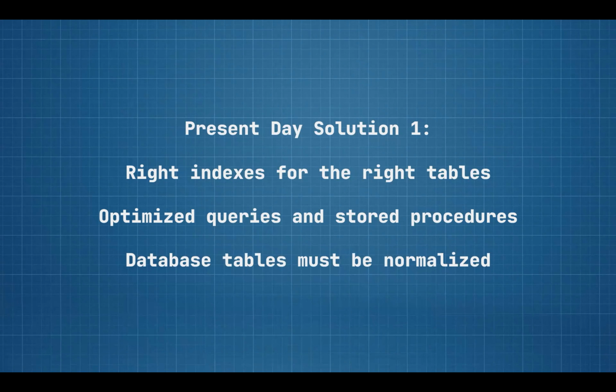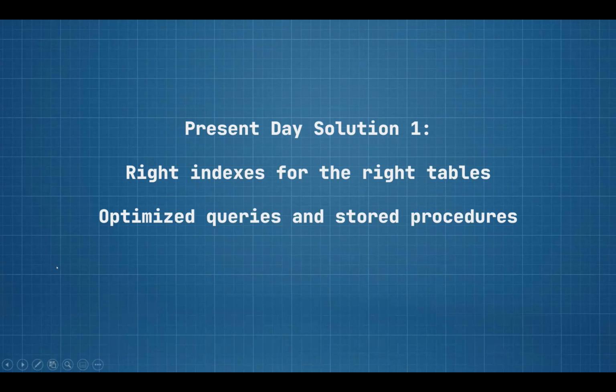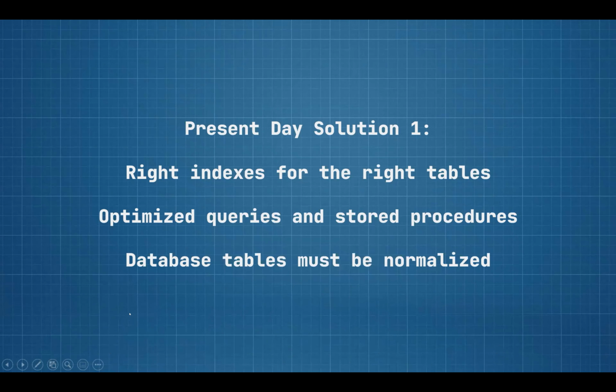Most importantly, your database tables must be normalized. What that means is that you need to have an understanding of your schema. You need to optimize your tables so that when you do a join, you're not going to be pulling more data or less, or missing out on data.